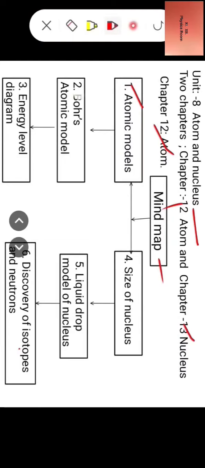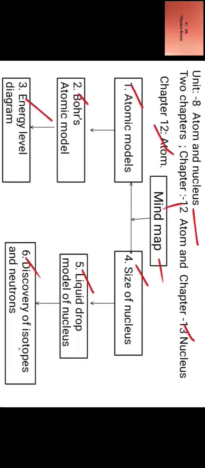At the second stage we will take up Bohr's atomic model, and in the third stage energy level diagram of an atom. In the fourth stage we will take up size of nucleus, in the fifth stage liquid drop model of nucleus, and in the sixth stage discovery of isotopes and neutrons. So step by step we will take up topics.